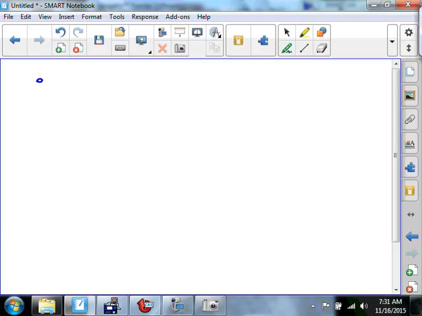Let's do one more example. Square root of 72. Now some people want to go ahead and find all the factors. One of my students a few years back said, you know, Mr. Minnick, if I just start looking over here, I'm probably going to find the biggest perfect square factor really fast. What do you mean?